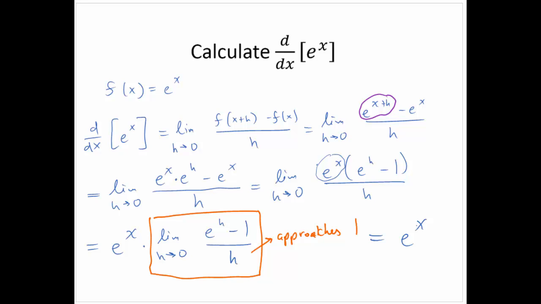So what have we shown? D by dx of e to the x is equal to e to the x. The derivative of e to the x is e to the x. So this is a very interesting function. Its derivative is itself.